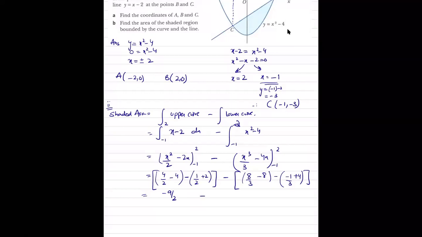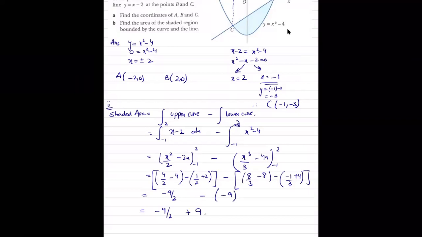Minus 8 upon 3 minus 8 minus 4 minus 1 upon 3 is coming out to be minus 9. So minus 9 upon 2 plus 9.